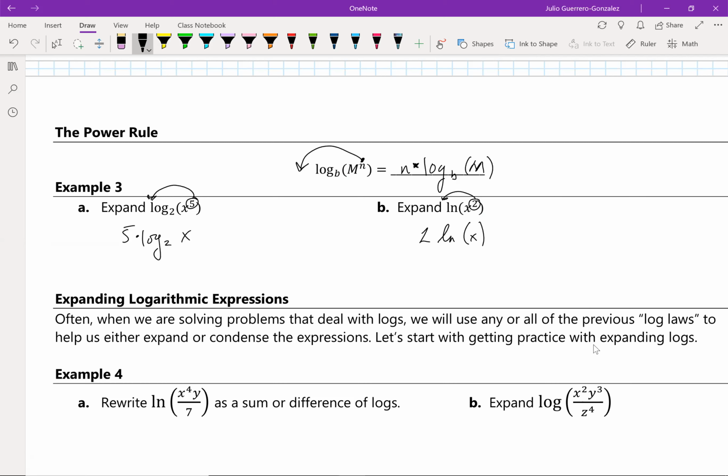You guys see how useful that becomes? You don't have to solve the thing inside the logarithm. You can just bring the exponent outside, and then you just have the good old standard logarithm, not the logarithm of something to the 5th power.